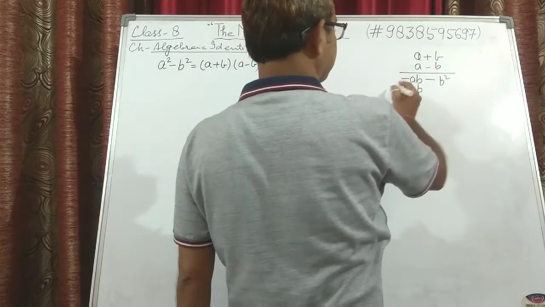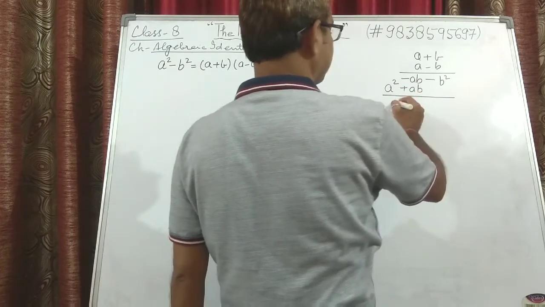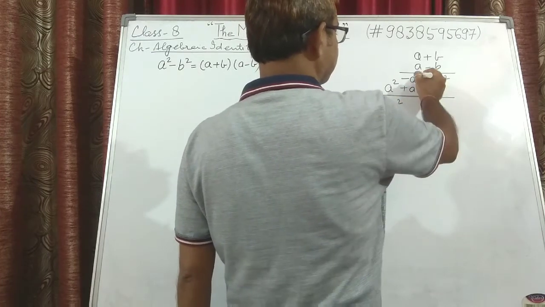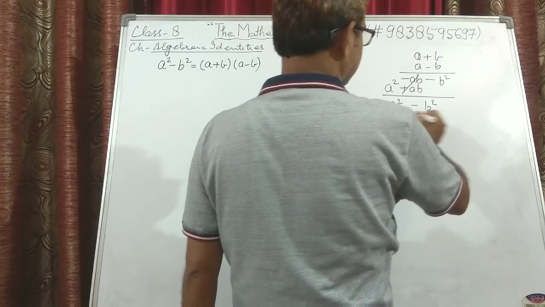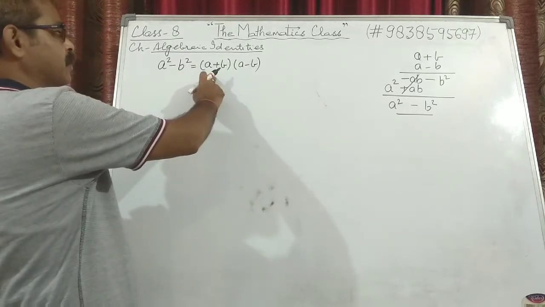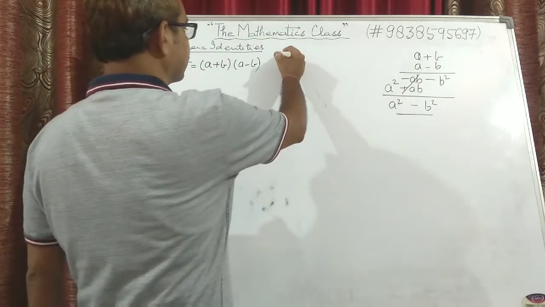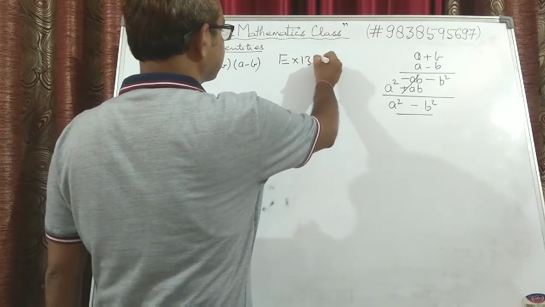A into a is plus a square, so we will write only a square. Now when we add, you will get a square, the positive and negative cancel, minus b square. So that is why a square minus b square is equal to a plus b into a minus b. Now we move on to exercise 13c.